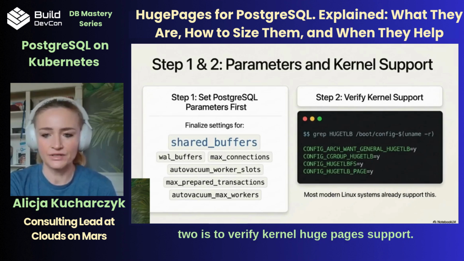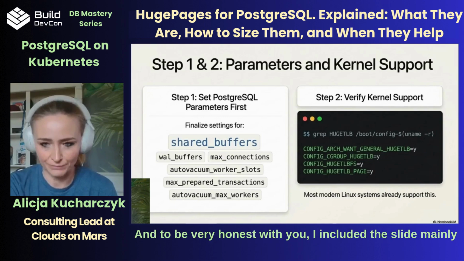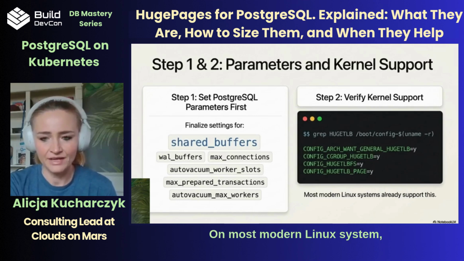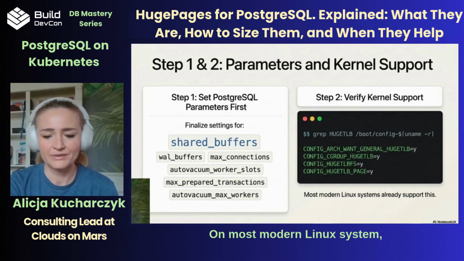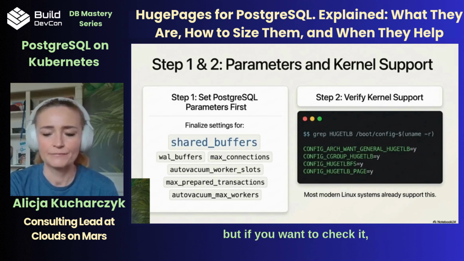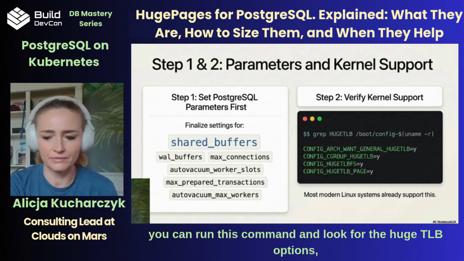Step 2 is to verify kernel HugePages support. And to be very honest with you, I included this slide mainly for completeness. On most modern Linux systems, HugePages support will already be enabled in the kernel. But if you want to check it, you can run this command and look for the HugeTLB options.